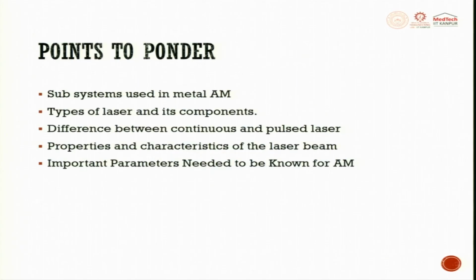So, to come to a conclusion, till now what we saw in the 2 lectures are the various subsystems. Then we saw the types of laser and their components, then the difference between continuous and pulsed laser. Today we use pulsed lasers exhaustively. We also saw the properties and characteristics of the laser beam, and the important properties which need to be known for AM.